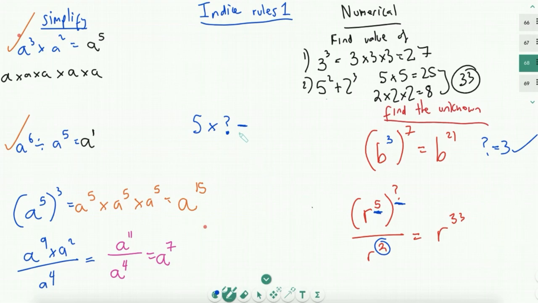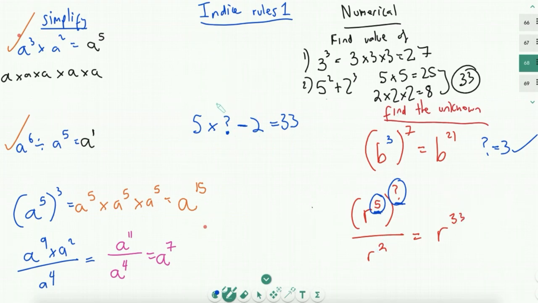Minus 2 should be 33. I've kind of just ignored the r's and written out an equation based on the indices only. So the inside-outside rule: 5 times something. The division rule: minus 2, because division means minus, makes r to the power of 33.